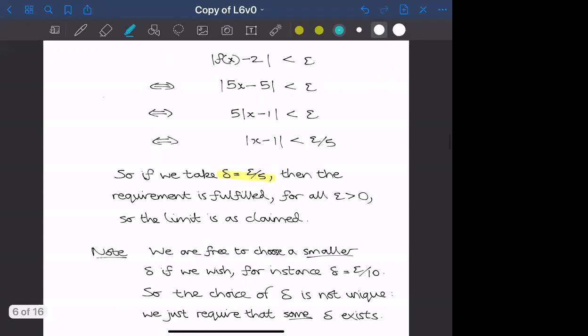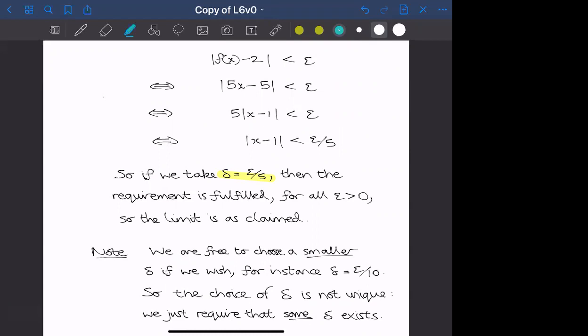So an important point, which can be confusing, is that the choice of delta is not unique. So we could still prove that the limit exists by choosing a smaller delta.